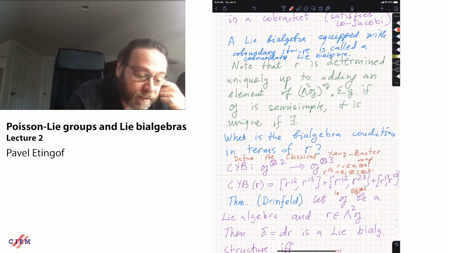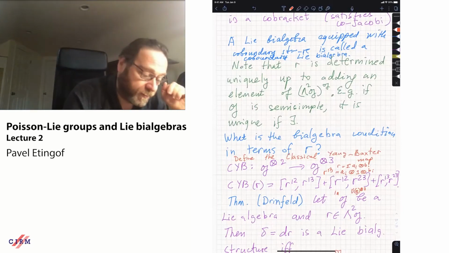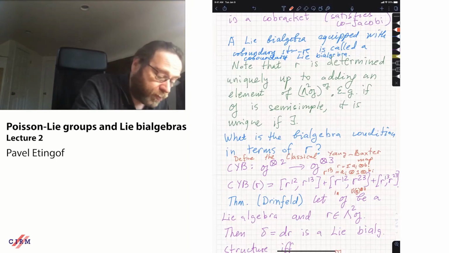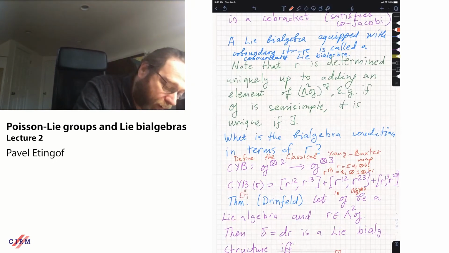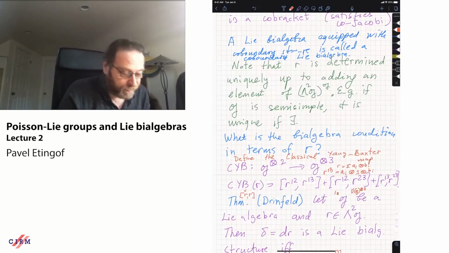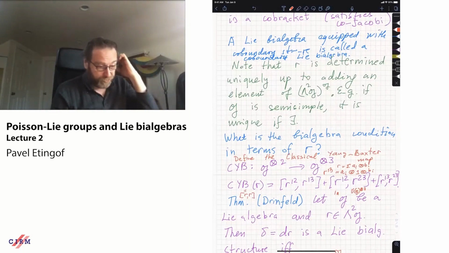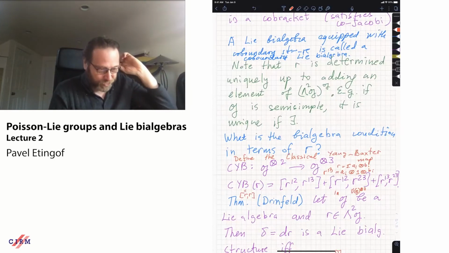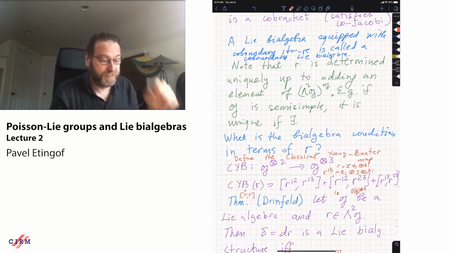So R13 means that I put the first component of R in the first position and the second component of R in the third position. And similarly R12 and R23. Now this expression is also denoted by R bracket R, because it is really similar to the Schouten bracket, and we will show that it's actually closely related to the Schouten bracket.